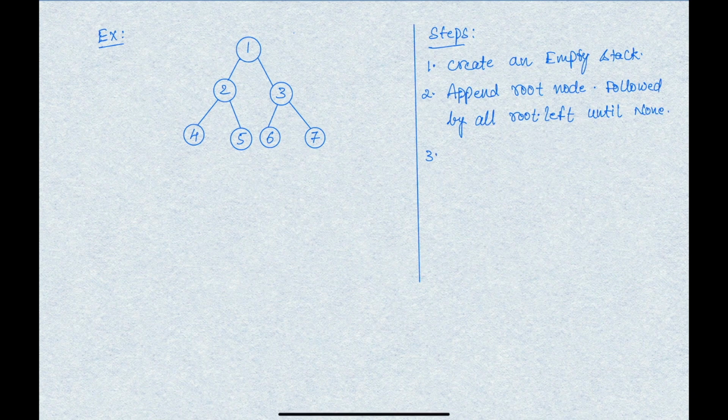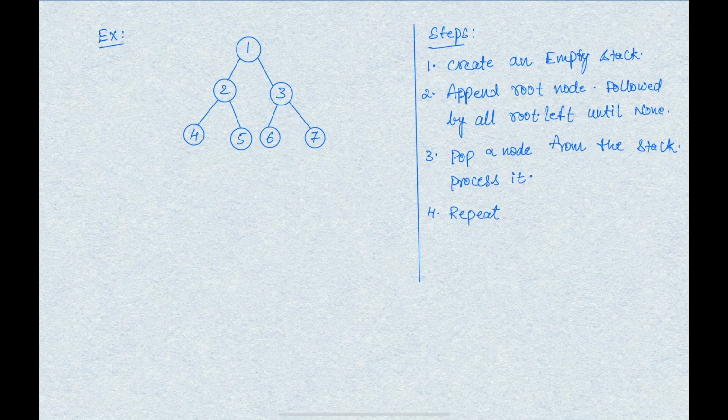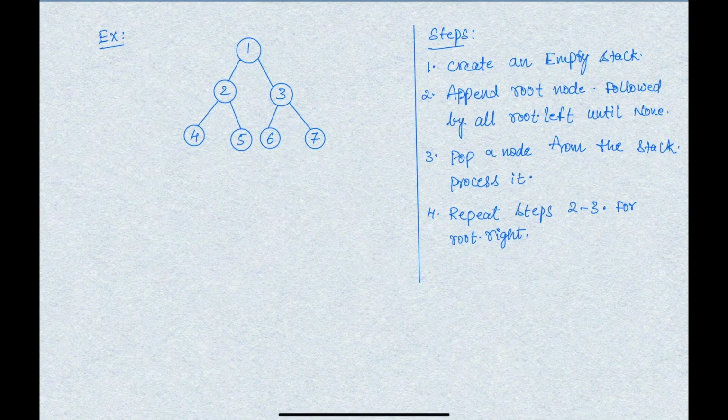And the third step is going to be pop a node from the stack, then process it. Processing it is like appending it to the result. And the fourth step is going to be repeat steps 2 to 3 for root.right. If we follow these 4 steps, we can get the inorder traversal of a root node. Let's dry run with the above example.